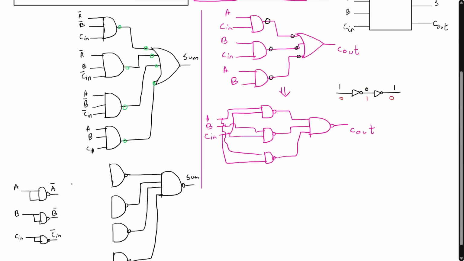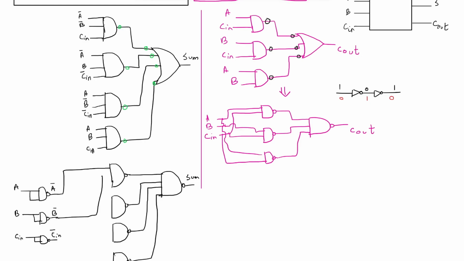Now let's look. The top one, we need A bar, B bar, and Cn. So we can take A bar from here, B bar, and Cn, we have to take it from before the NAND gate. So this is Cn.